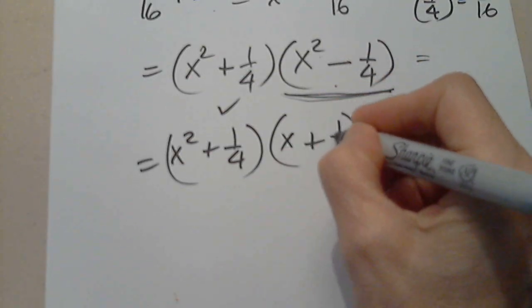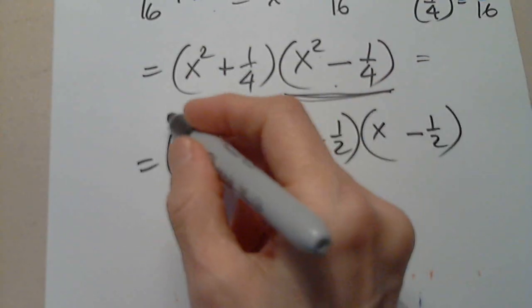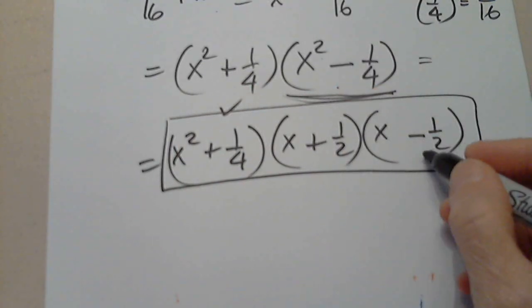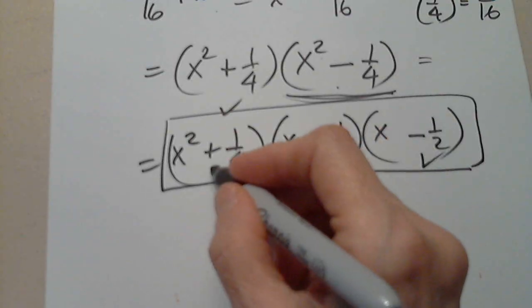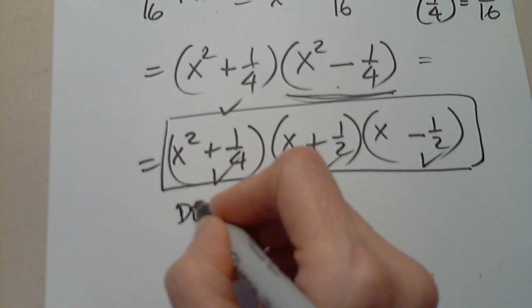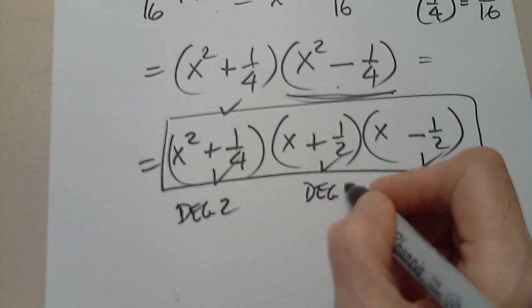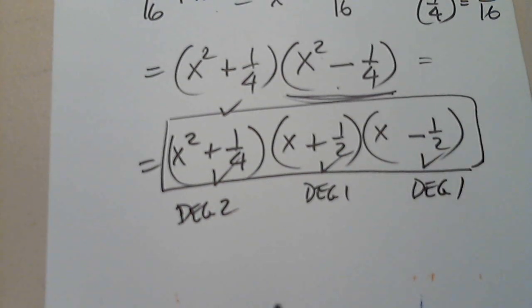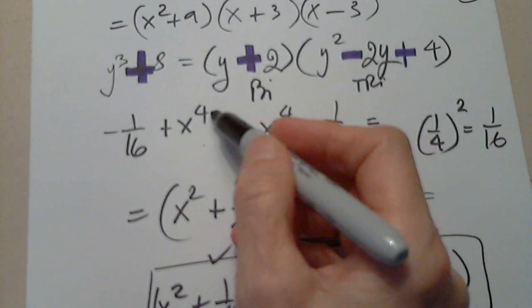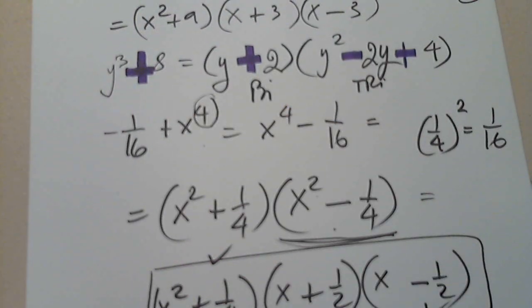That's it. X and 1/2, x and 1/2. And this is now carved in stone. Linear factor, quadratic factor, degree 2, degree 1, degree 1. That's why degree 2 times degree 1 times degree 1 is degree 4.